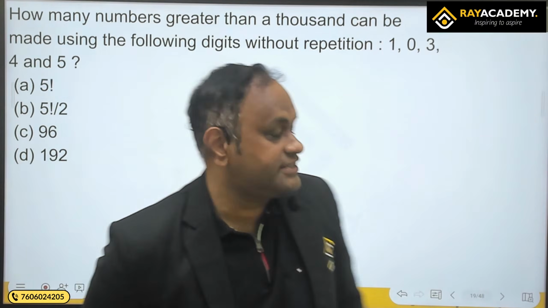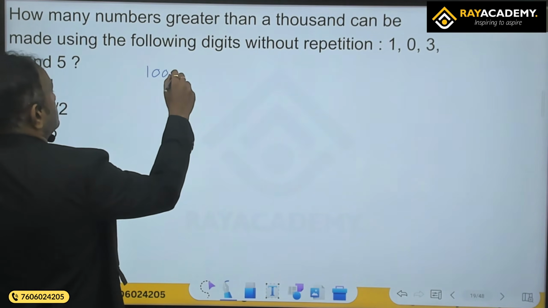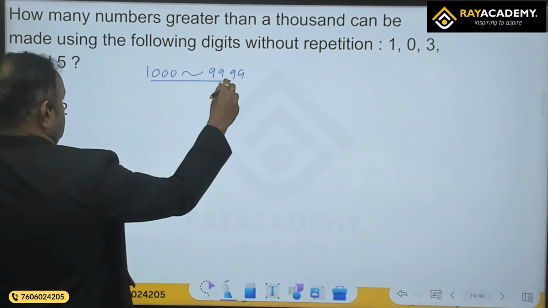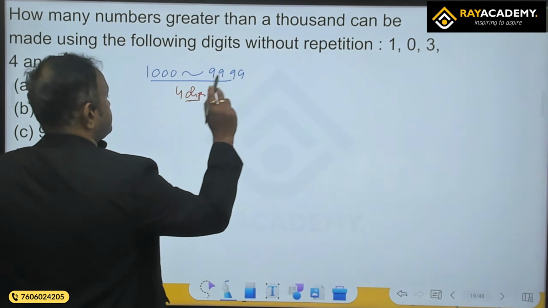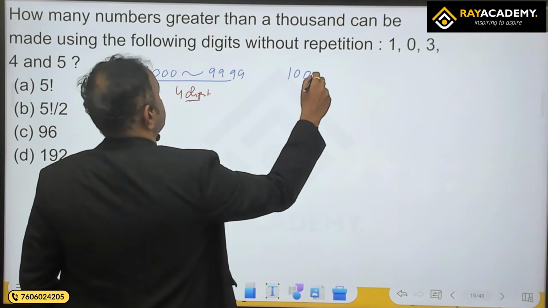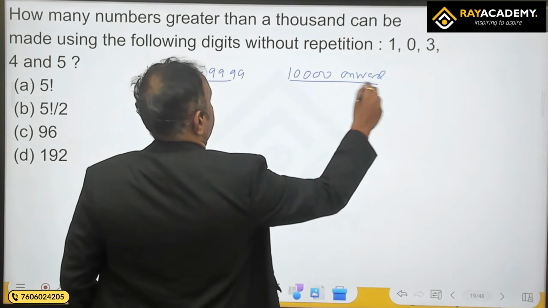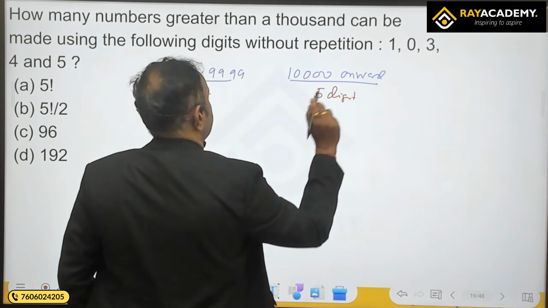Since 5-digit numbers are there, what is above 1000? From 1000 to 9999 these are 4-digit numbers, and then what comes after is 10,000 onwards, 5-digit numbers.